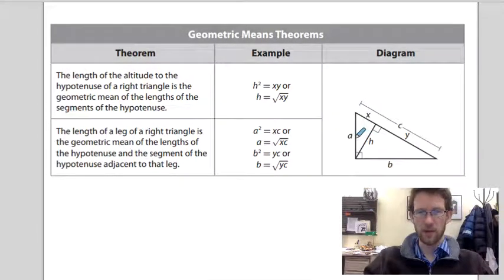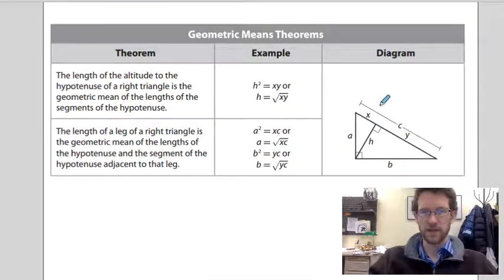Note we're going to refer to these sides with the lowercase side name letters. The first one is that the length of the altitude to the hypotenuse of a right triangle is the geometric mean of the lengths of the segments of the hypotenuse.